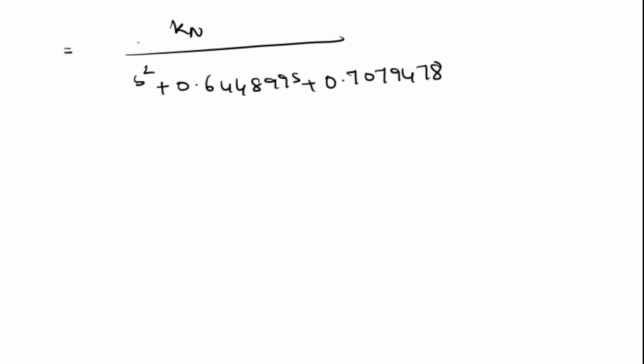We have to find B naught is equal to 0.7079478 from the given equation, and B1 is equal to 0.644899.